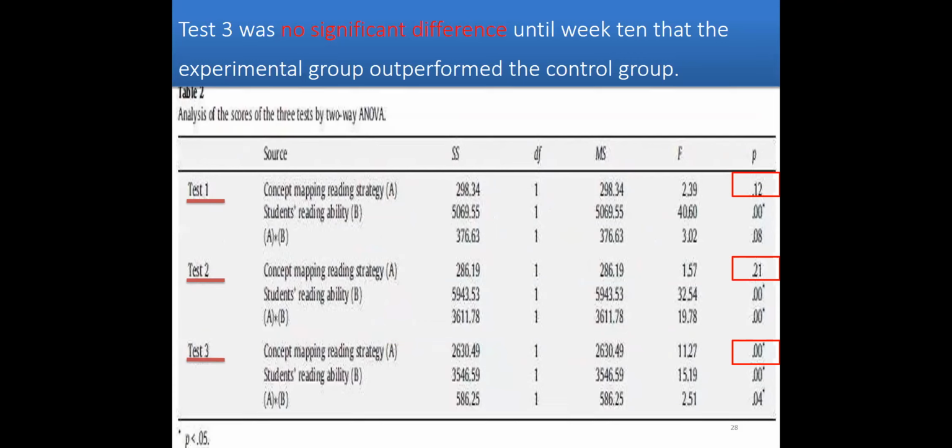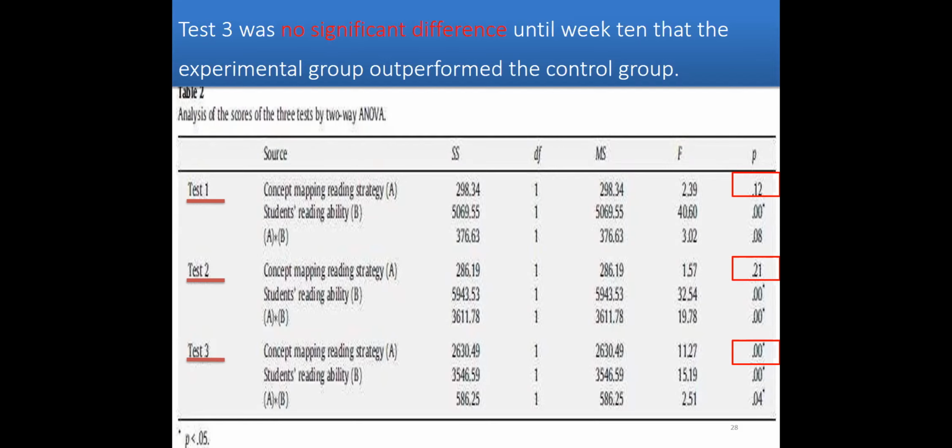Okay, so in table 2, you also see that test 3 has no significant difference until week 10, that the experimental group outperformed the control group. In test 1 and test 2, you can see that in test 1, the P is 0.12, and in test 2, the P is 0.21.